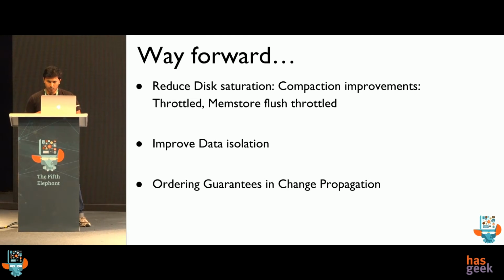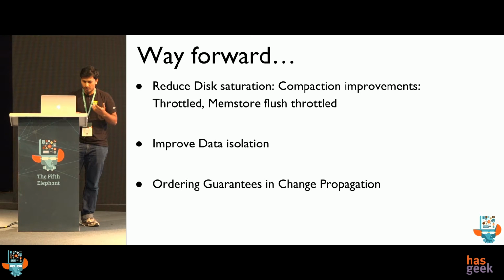And in fact, what we've been doing now and what we're working on is trying to look at ways to reduce this saturation. A lot of work has been done on an LSM engine on the same lines in terms of compaction improvement, because compaction is one of the other threads which is actually doing a lot of reads and writes to disks. So a lot of work on this has been done for RocksDB, which are more or less portable to HBase.